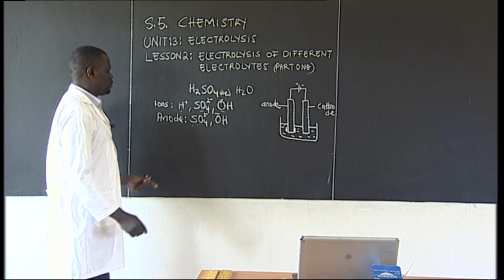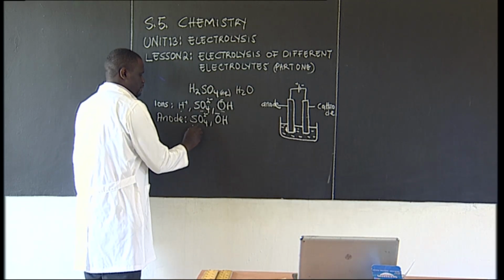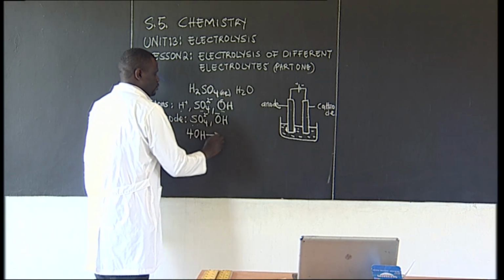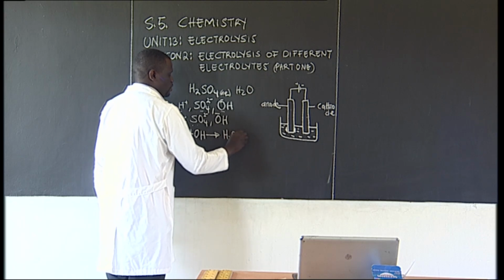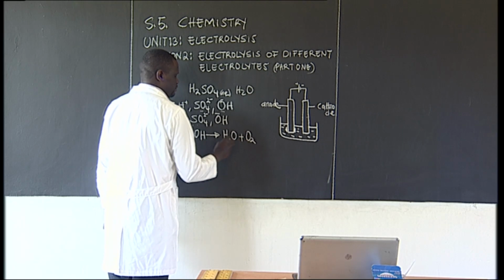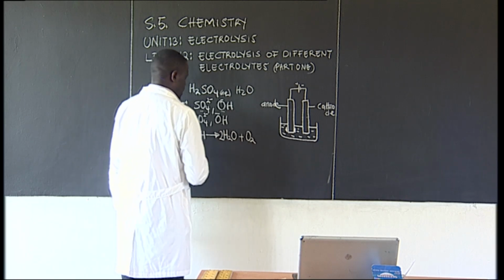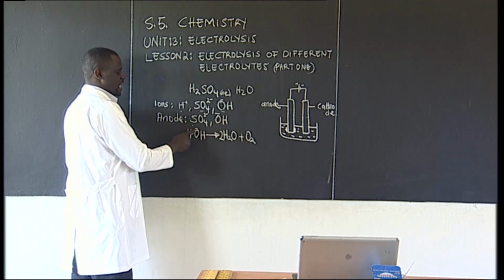And this one will be left in what? In solution. So we shall have 4OH, if you know how to balance this equation. So it will give us water as one of the products and oxygen as the chief one, because it's the one which shows the observation. So as we balance the ions, you recognize here we have 4 times negative.